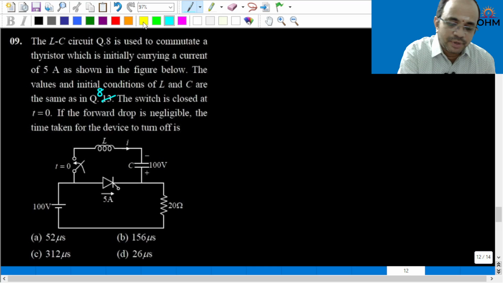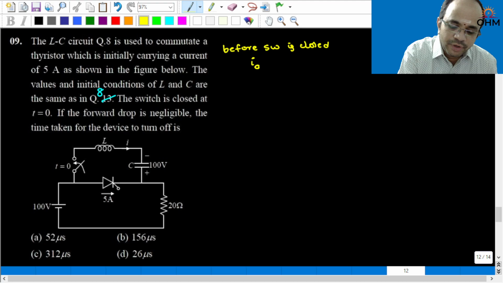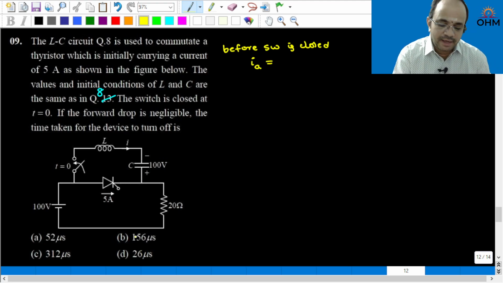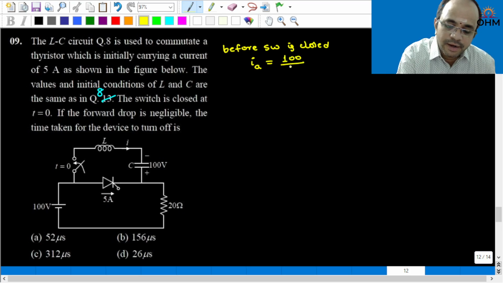Now, before the switch is closed, what could be the current flowing through the SCR? Let me call it IA, the anode current, that is 100 volt divided by 20 ohm, which will give you 5 ampere.